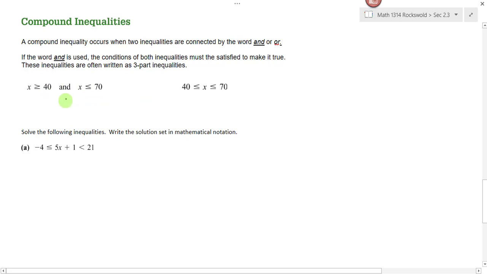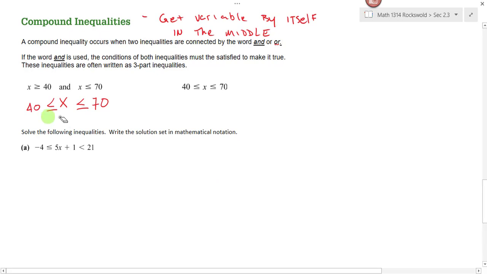That means that x has to be greater than or equal to 40 and less than or equal to 70. In a compound inequality, you have your variable by itself in the middle, and then your solution will be between these two numbers.